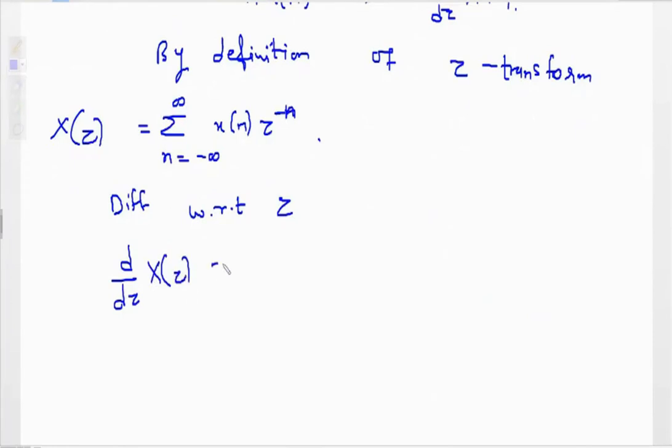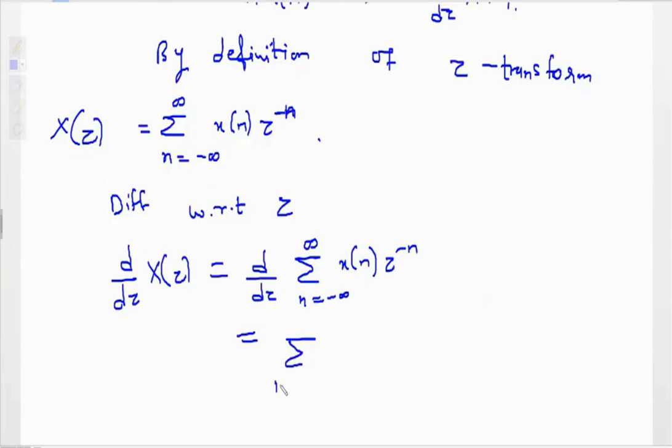On this side, d by dz of summation n equal to minus infinity to infinity x of n z raised to minus n. Now I am differentiating with respect to z, and the summation limits are for n. Here x of n is a term we can treat as constant and take outside.